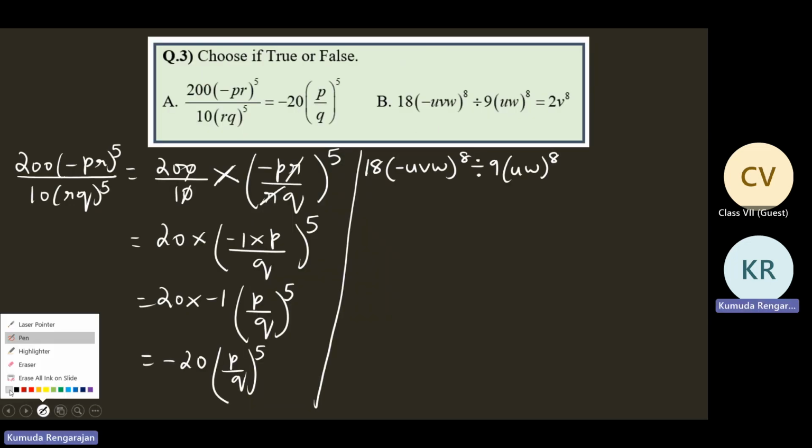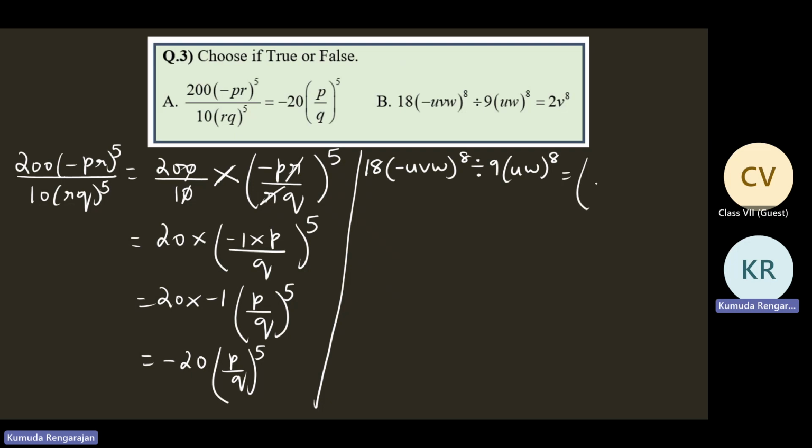We'll take out the division sign and write it like this: 18 into minus U V W to the power 8, divided by 9 U W to the power 8.